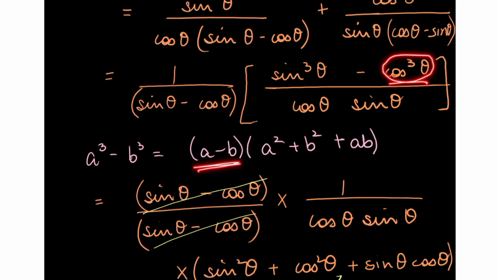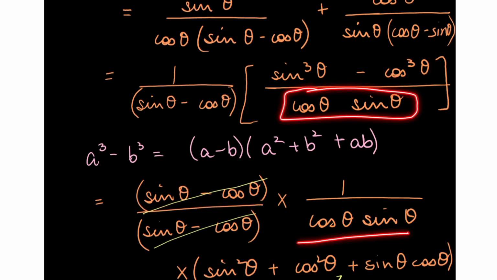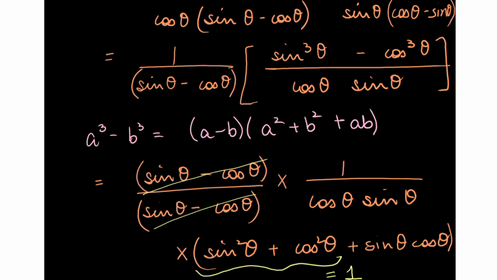So (a minus b)(sin theta minus cos theta) in the numerator, and the denominator remains the same: a square plus b square plus ab, that is sin square theta plus cos square theta plus sin theta cos theta. This can be directly cancelled. Sin square theta plus cos square theta is equal to 1.